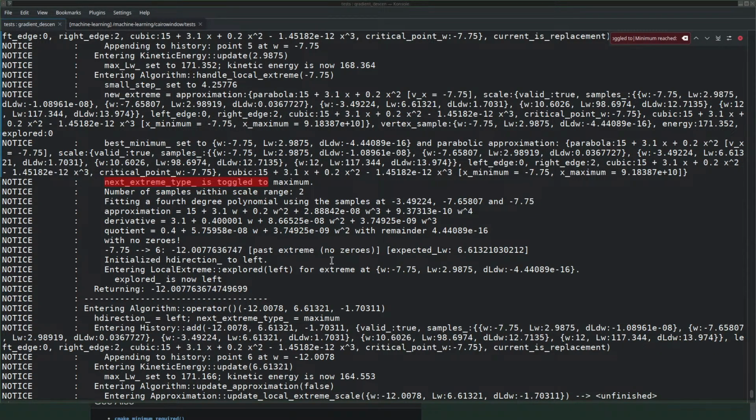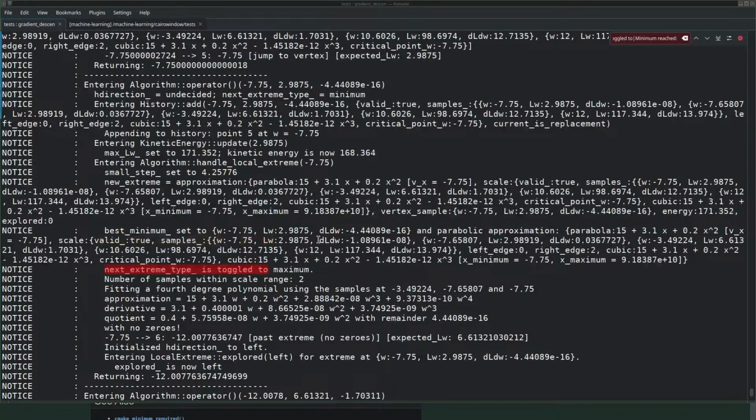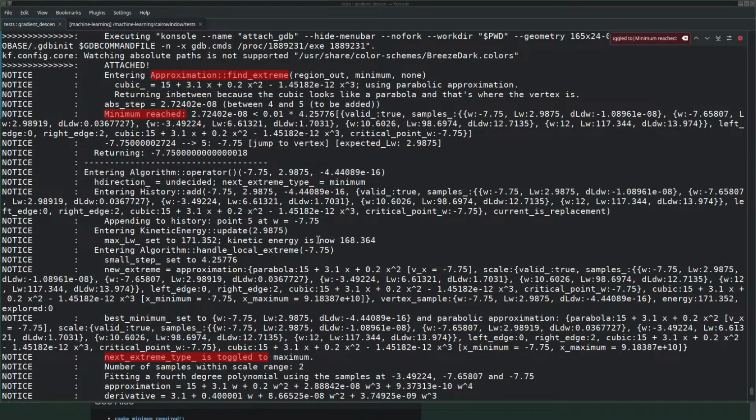Very random. Quite extreme. Minimum reach.